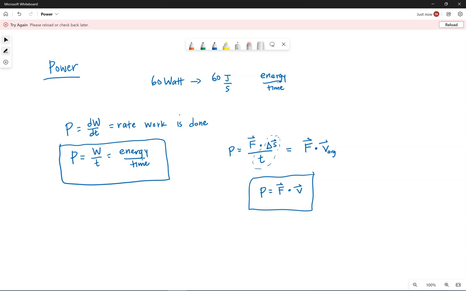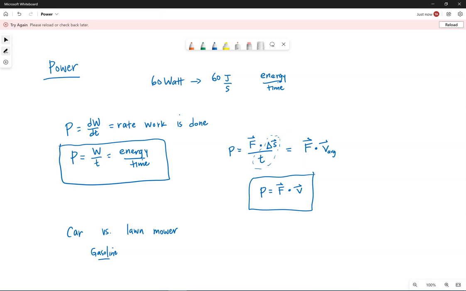So another silly example, my car versus my lawnmower. Both of them require gasoline. But of course, my car requires a lot more gasoline than the lawnmower because it's doing a lot more work.